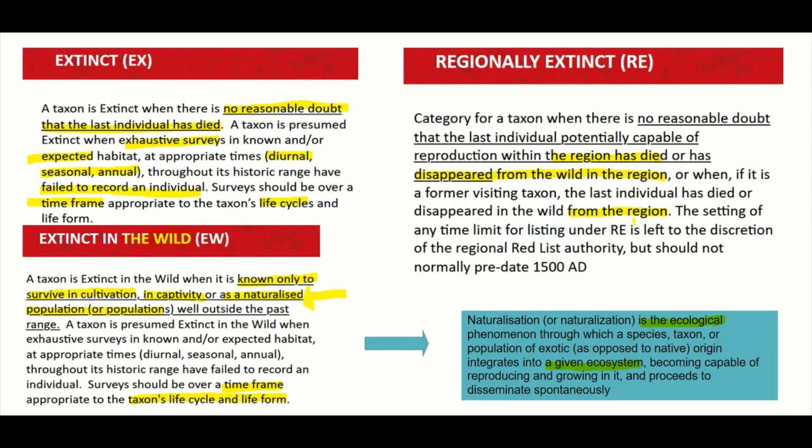So in this case, we are looking at a particular region. This means that we could be having this particular organism elsewhere apart from the region of evaluation.